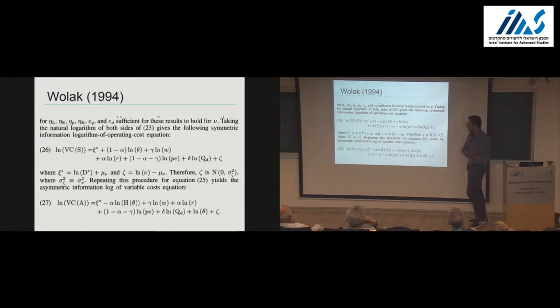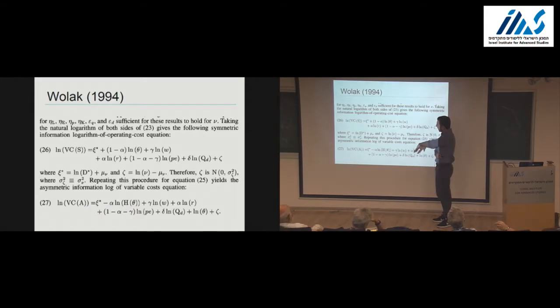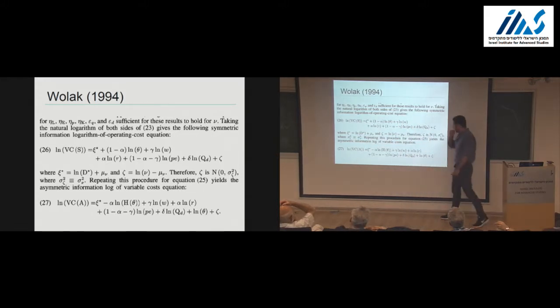Okay, so when you combine those parametric assumptions with the optimal mechanism that he derives, you get different variable cost functions under S models for symmetric information, A models for asymmetric information, so full private information. Different cost functions reflecting a different type of pass-through for cost shocks.